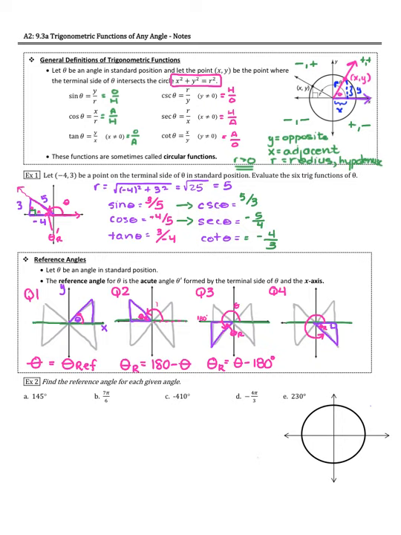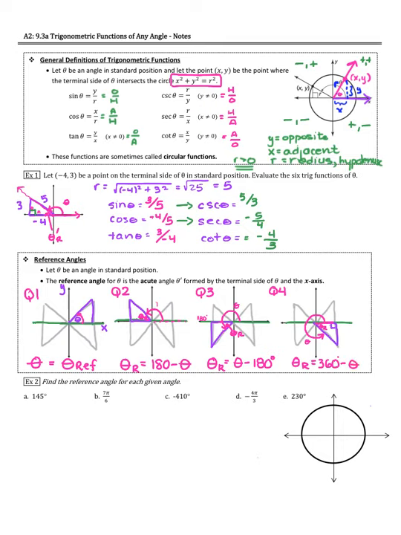Let's say it was 300 degrees. So that's going to be your theta. The reference angle is going to be, again, what is the measure of that angle? Well, if I was at 300, the distance to the nearest x-axis is going to be 60 degrees. So this is going to be 360 minus whatever your theta was.